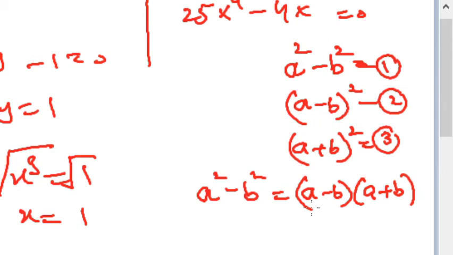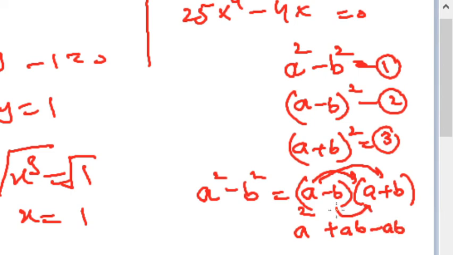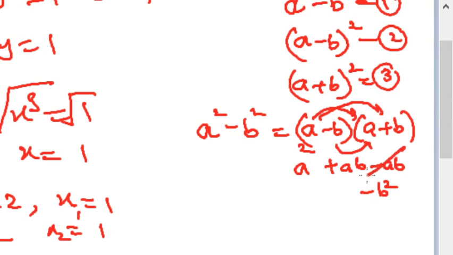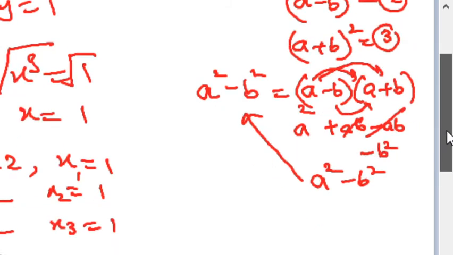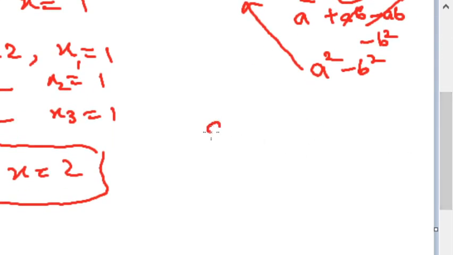Now if you multiply them, somebody says, sir, how is this equal to a square minus b square? Okay, fine, check it. A into a is a square. A into b is plus ab. Minus b into a is minus ab. And minus b into b is minus b square. So cancel them, and we get a square minus b square, the same thing. Now next thing, a minus b whole square.